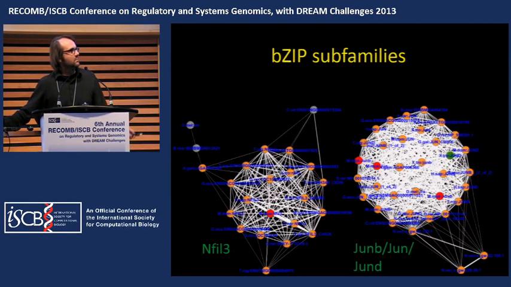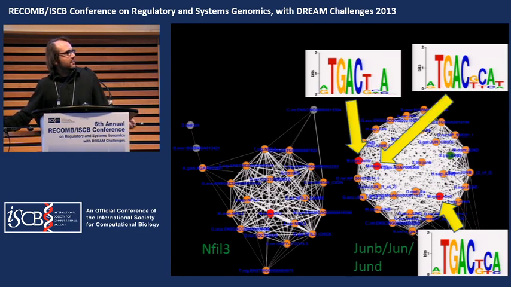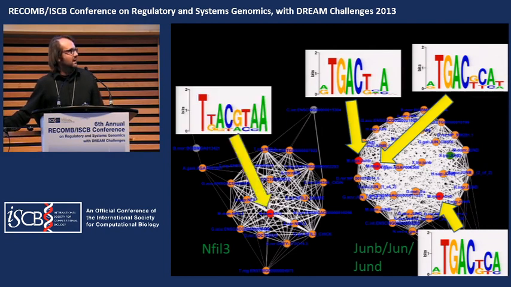You can see a big cluster of bZIPs from the JunD family, and I'm superimposing the motifs we get. Not surprisingly, they're all highly related, and the motifs, as predicted, are nearly identical. These over here are also bZIPs, but a different subfamily, and as predicted, there are no lines between the two groups, so they have a different looking motif.